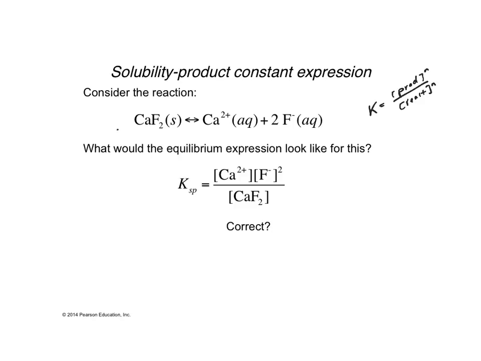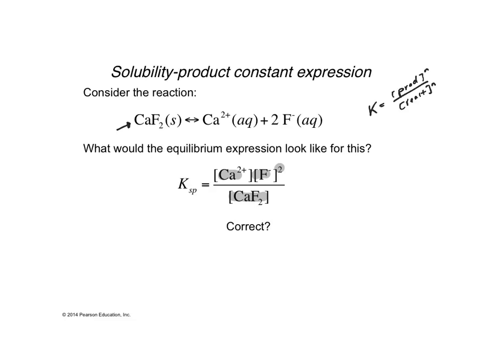And of course, they're going to be raised to their stoichiometric coefficients. So this is going to be the reactions that we're going to be dealing with for these KSPs. If we plug in the concentration of our products raised to their stoichiometric coefficients over the concentration of our reactants, this would be the overall KSP expression.